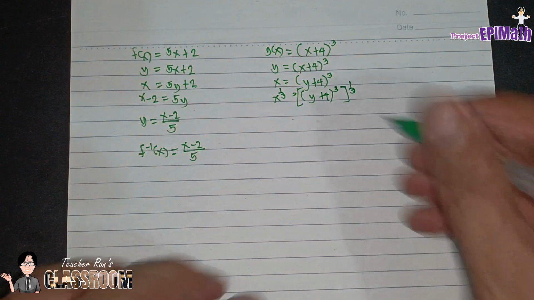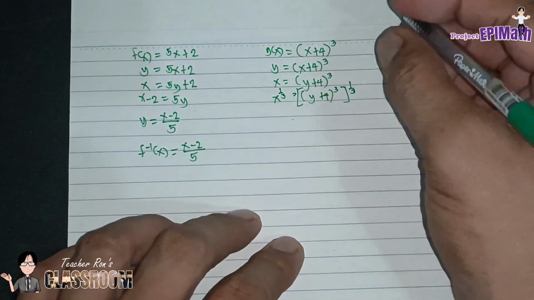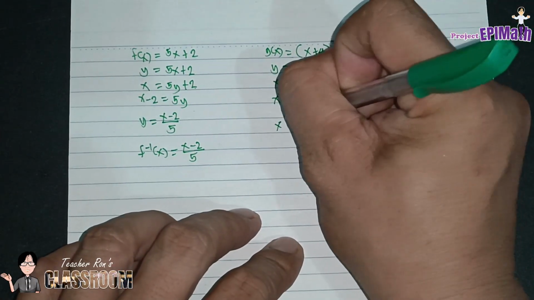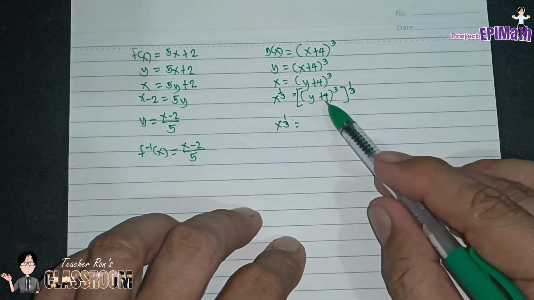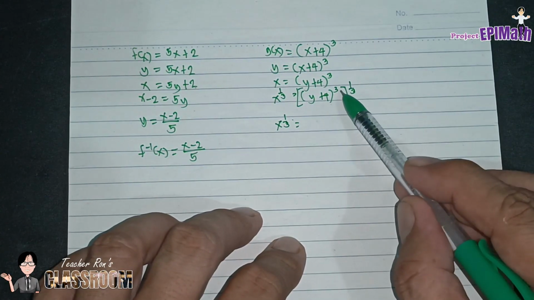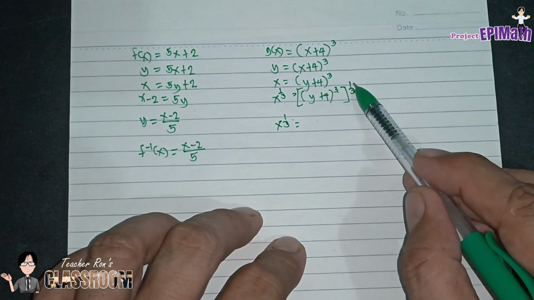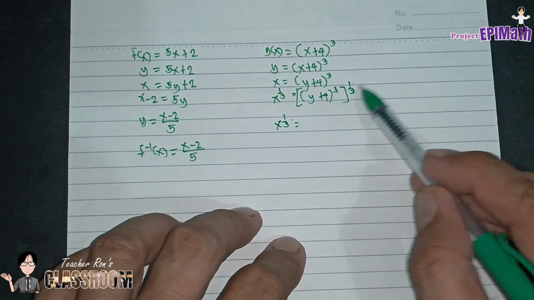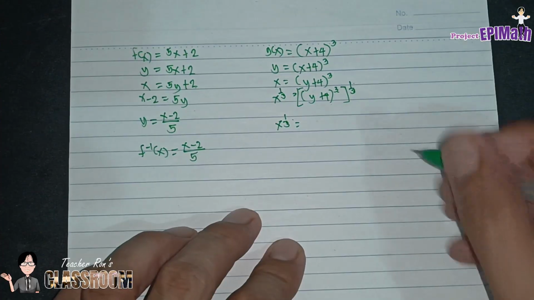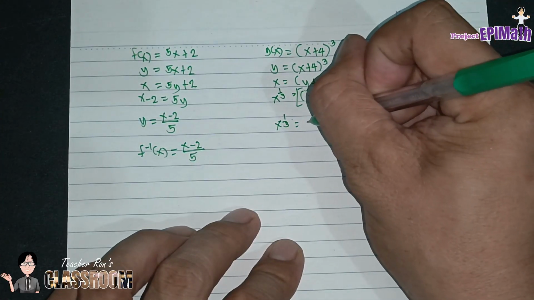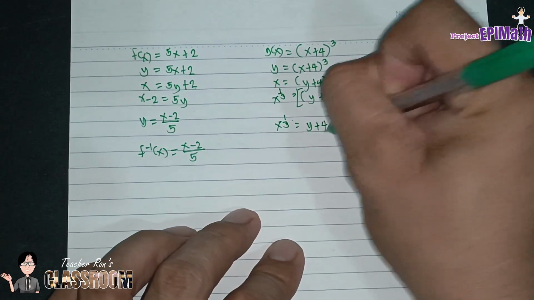For that, let us continue. We have x raised to 1/3 equals, so if we have like this, we will just multiply 3 by 1/3. Itong exponent na 3 saka yung exponent ng 1/3. So 3 times 1/3 is equal to 1. Therefore, this will become y plus 4.